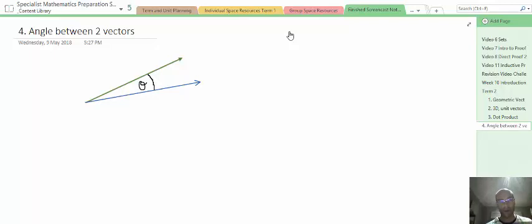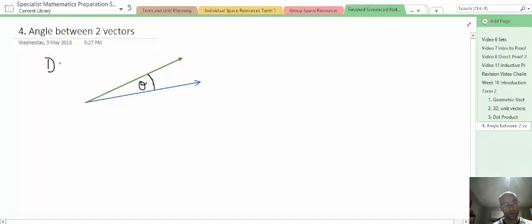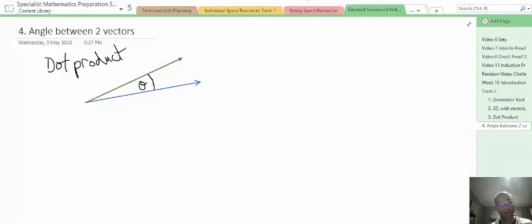We're looking at the angle between two vectors, and this is actually an application or rearrangement of the dot product. Once we have worked out what the dot product, or scalar product, is, we can rearrange its formula to find the angle between two vectors.